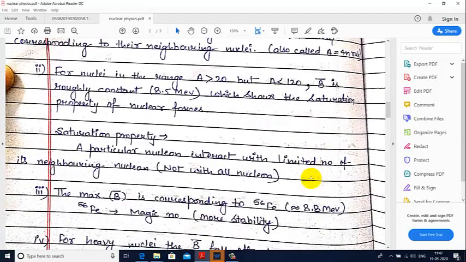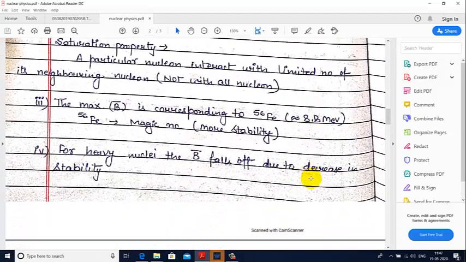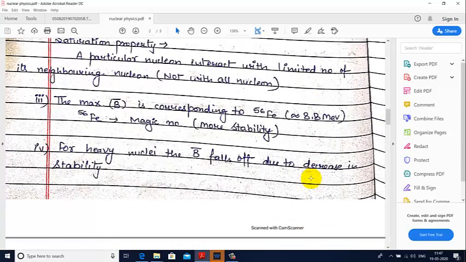So the nuclei in the range from 20 to 120 are most stable, and the nuclei which are in the range A less than 20 and A greater than 120 are least stable.